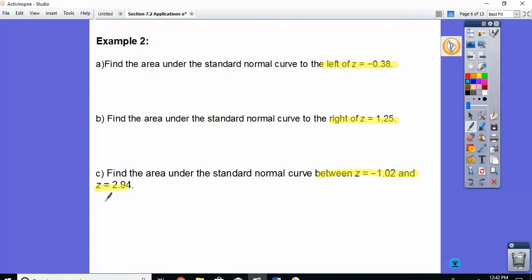Because this is the nearest tenth, and then this tells you the nearest spot. So what'd you guys get? 0.3520. Everybody see that? What'd you get?